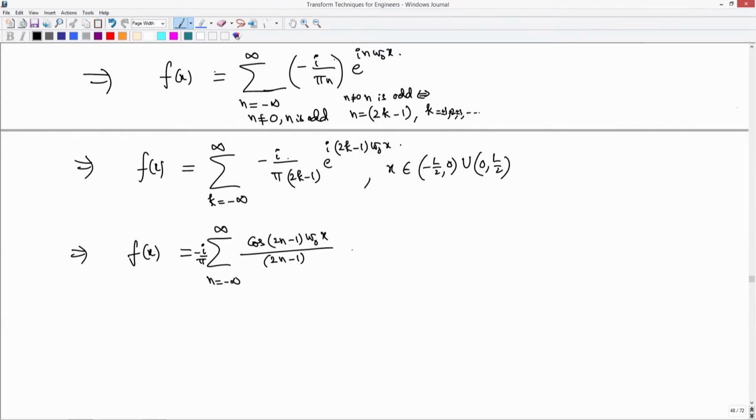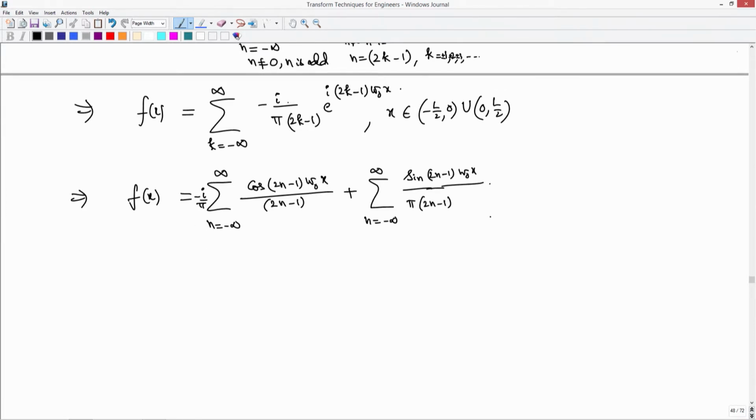Then the real part, with i squared being minus 1, is the sum over n from minus infinity to infinity of 1 over pi times (2n minus 1), times sine of (2n minus 1) omega naught x. So, this has to be equal to the real part, which is this.